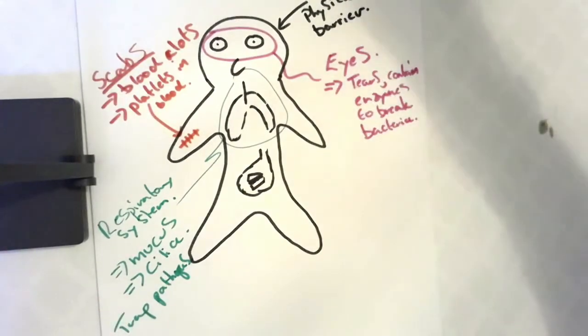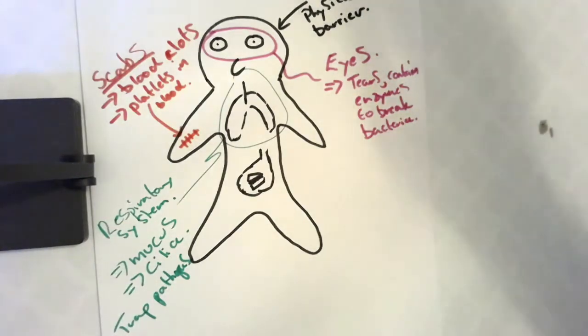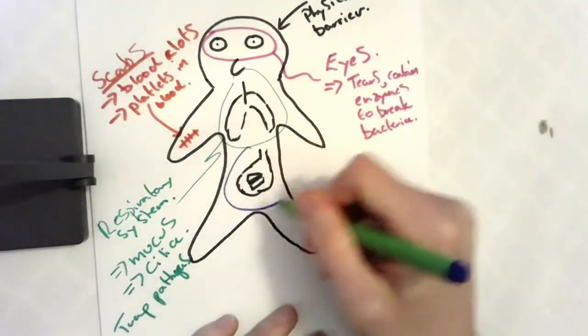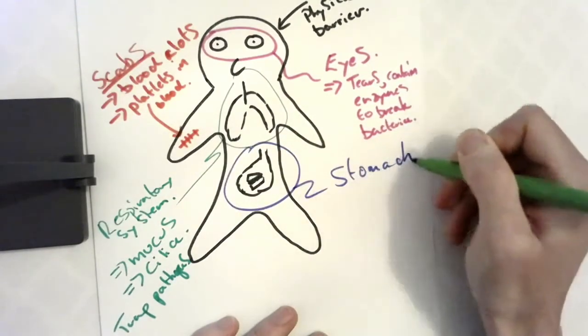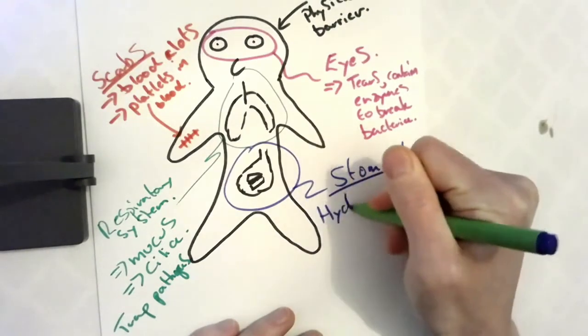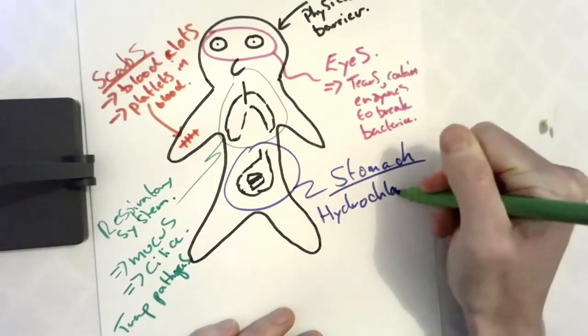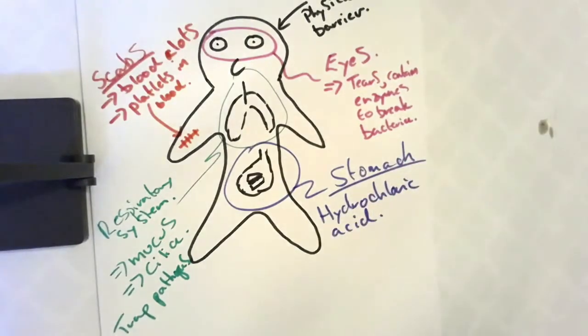Okay, and then finally, it's this here, my stomach. Our stomach contains hydrochloric acid, which does a great job of killing pathogens and bacteria.